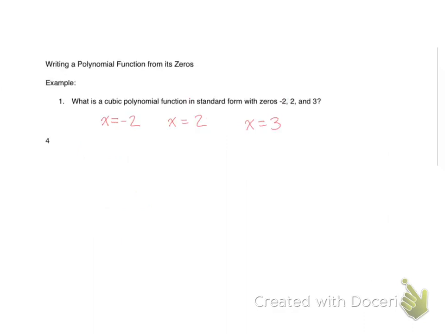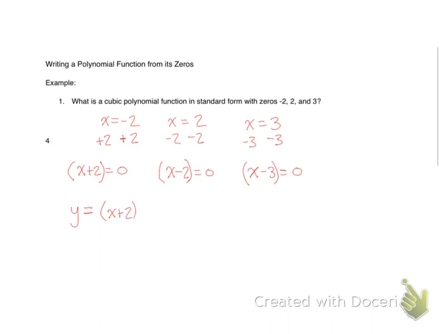By setting each factor equal to 0. So in this example, we're going to get each of these equal to 0. So I'm going to have x plus 2 is equal to 0, x minus 2 is equal to 0, and x minus 3 is equal to 0. These are your factors. So you can smash them all together and create a polynomial function.